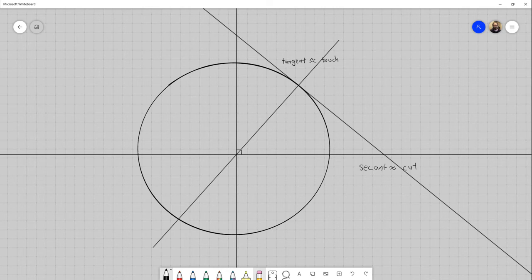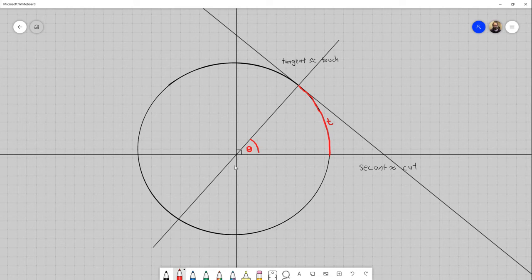Now our original secant line and this very last line create an arc length as well as an angle. I'm going to call this arc length T.